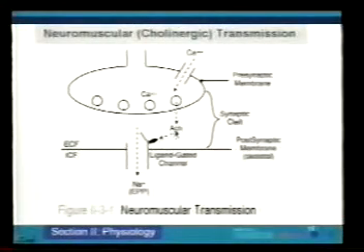It is the attachment of the transmitter to the receptor that causes the channel to open. As long as the transmitter is attached to the receptor, the channel remains open. To close the channel, you have to remove the acetylcholine from the receptor or digest it with an enzyme.